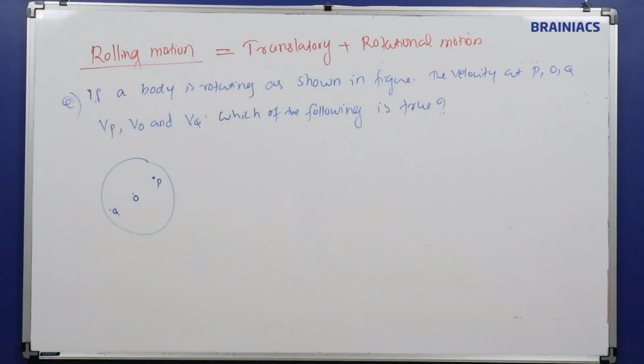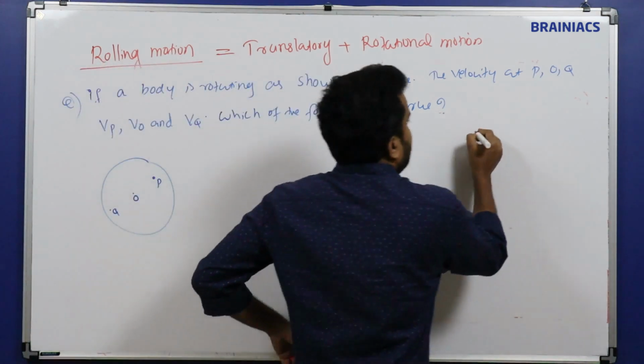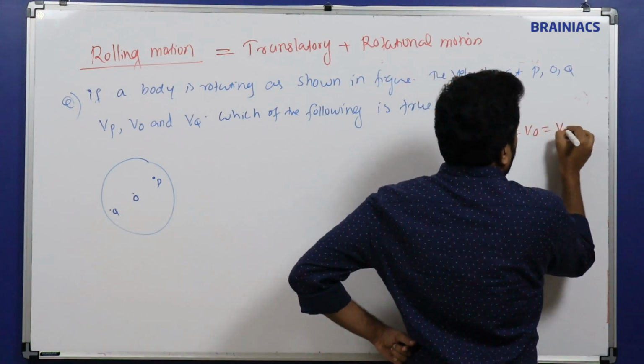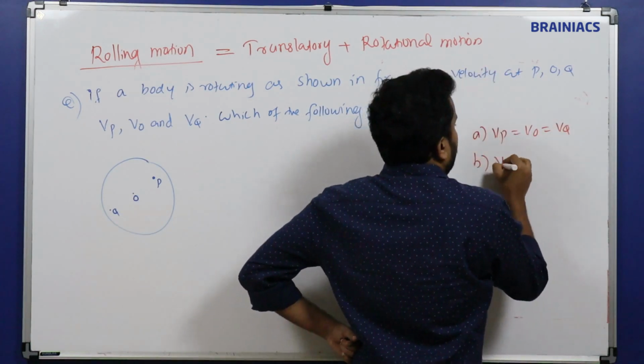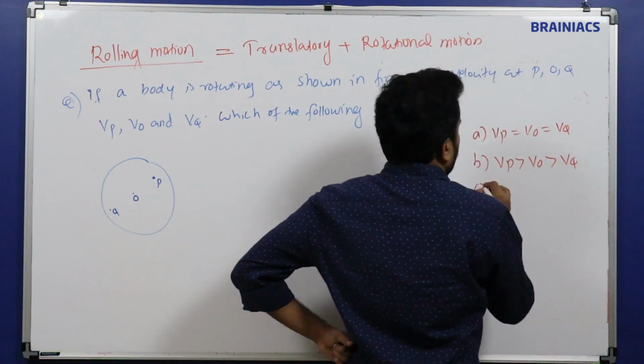There are some options given to you and you want to find out which of the following is the right answer. Four options are given to you. VP is equal to VO is equal to VQ. VP greater than VO greater than VQ.